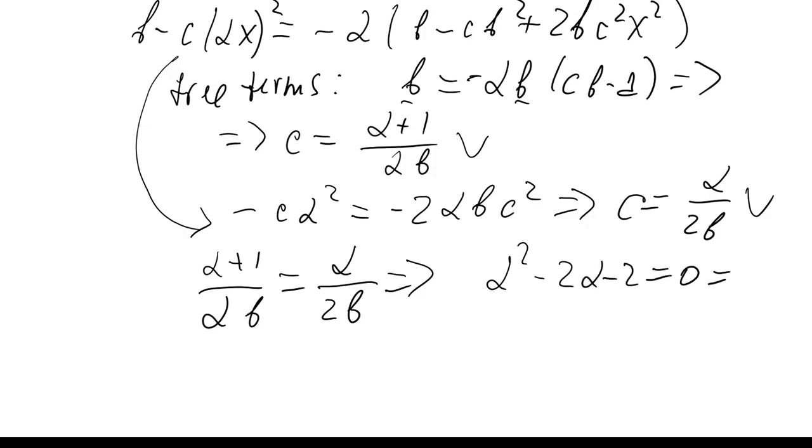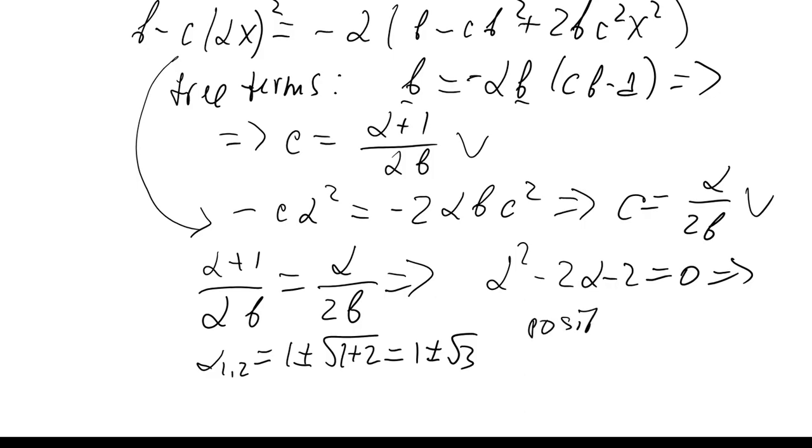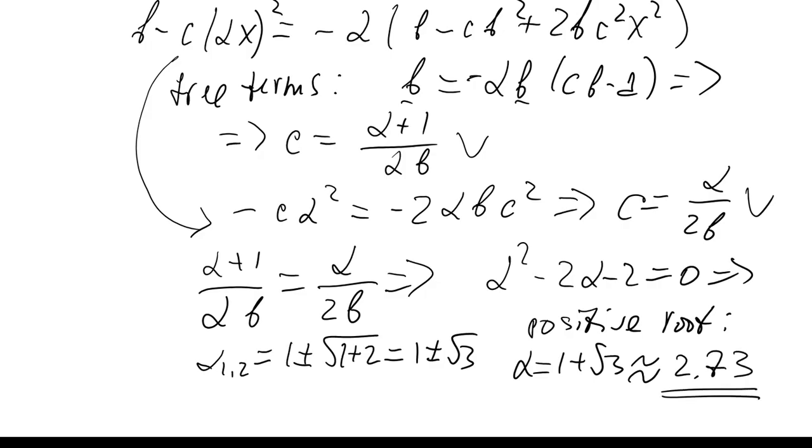From here we can find the roots, alpha 1,2 equal to 1 plus minus square root of 1 plus 2, or 1 plus minus square root of 3, and the positive root alpha is 1 plus square root of 3, which is roughly 2.73.